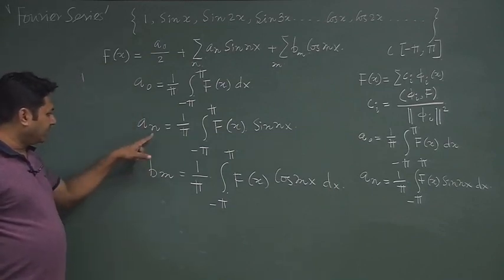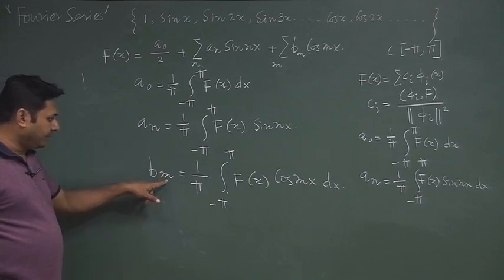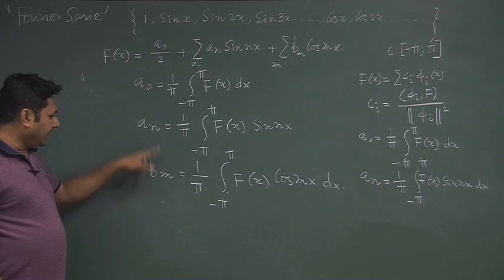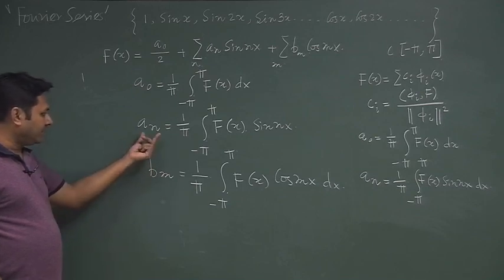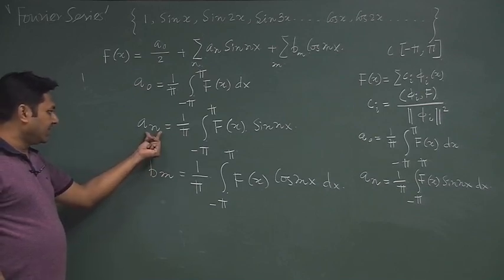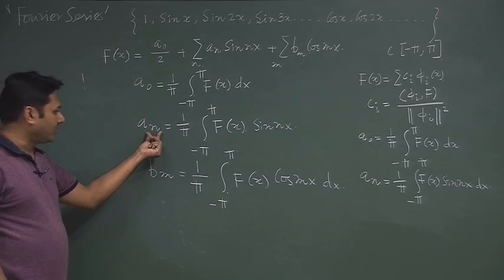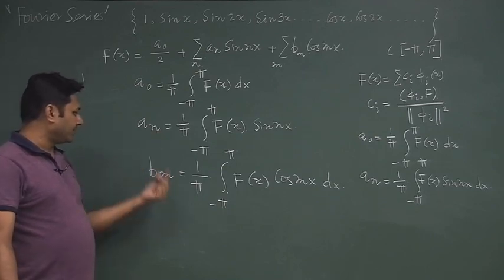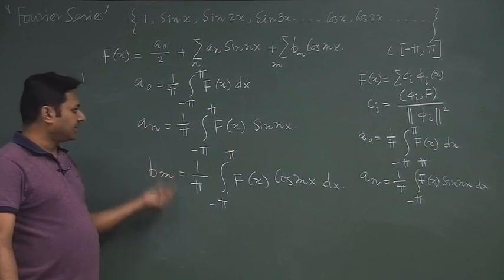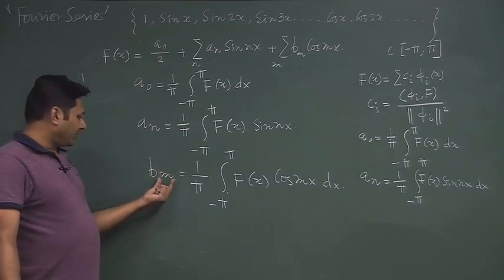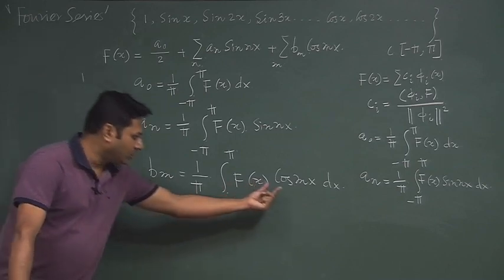Please note that I put m here and n there. These n and m just suggest that they are the coefficients of some order. So this is 1 2 3 4 5 6, here also 1 2 3 4 5 6. In some books both are the same, so no problem with that. We can also write bn as the integral with cos nx.